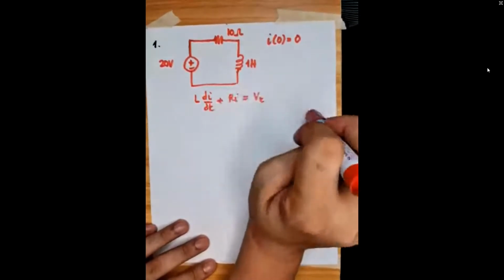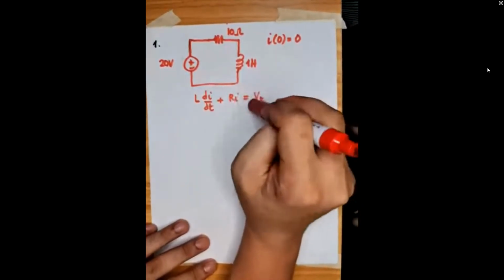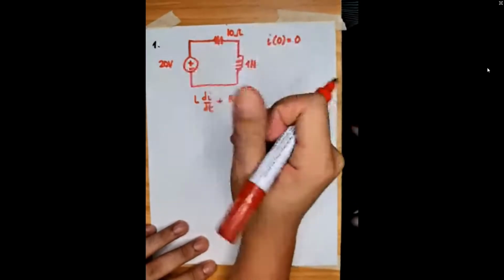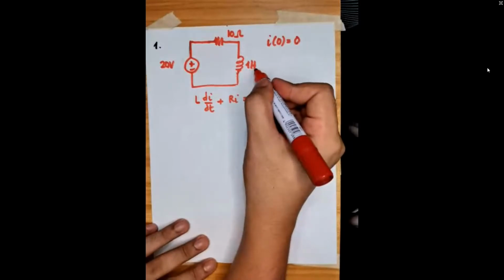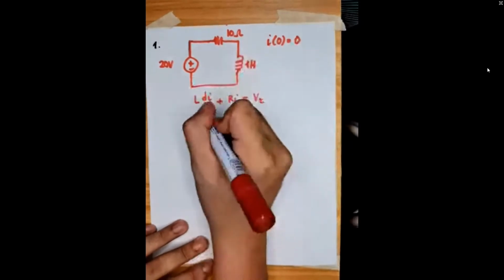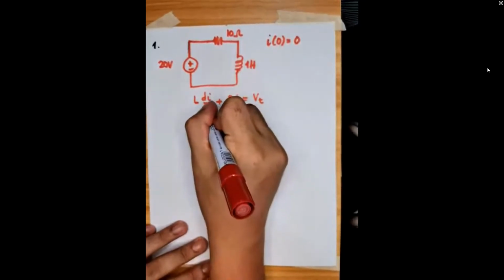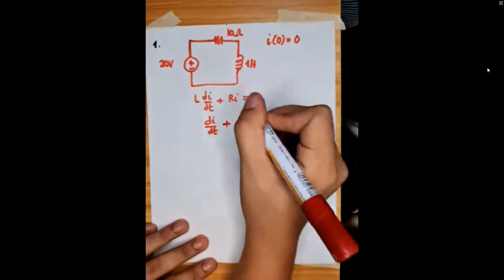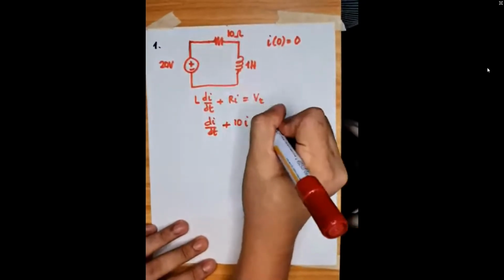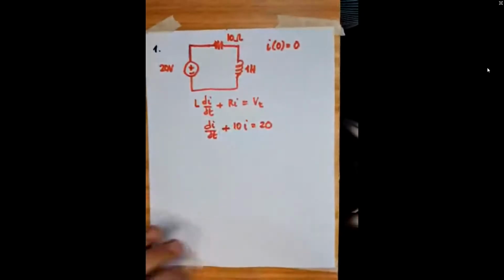So we'll just stick with L di/dt plus Ri is equal to V total, and substitute the given. L is 1, so it becomes di/dt plus 10I is equal to 20.